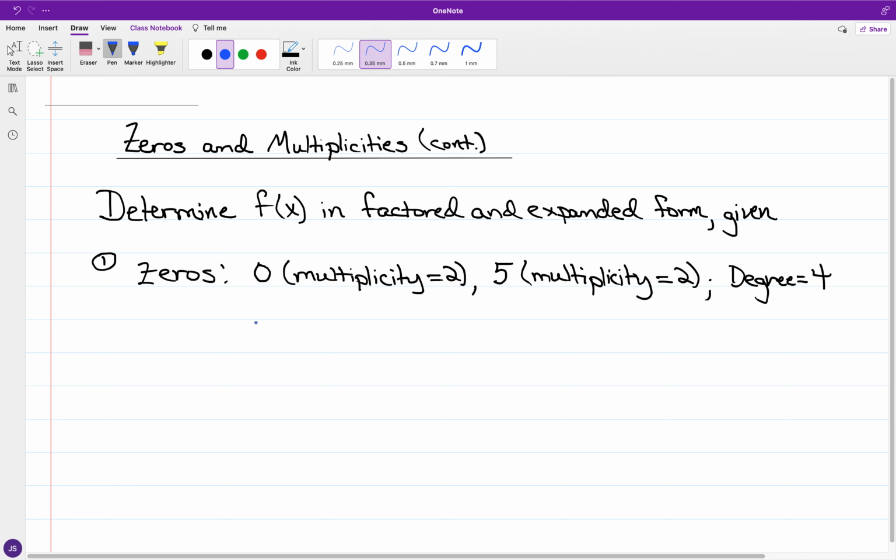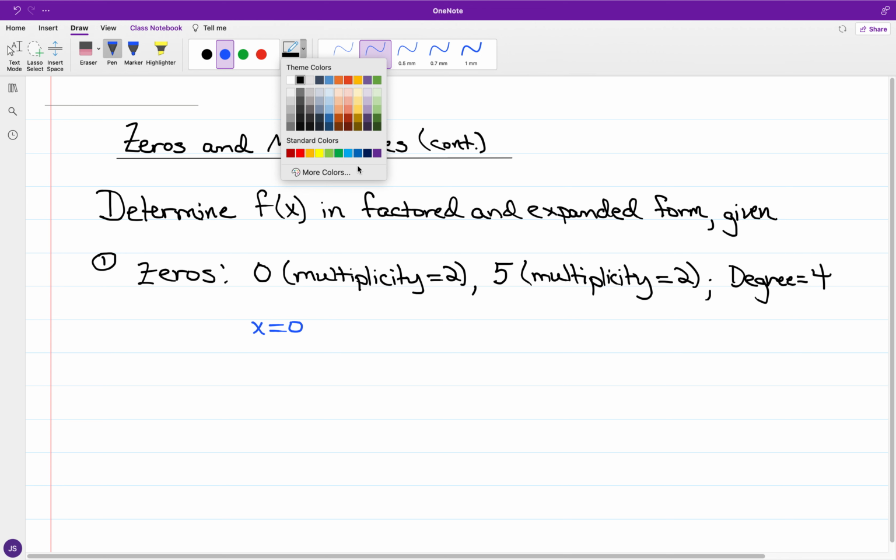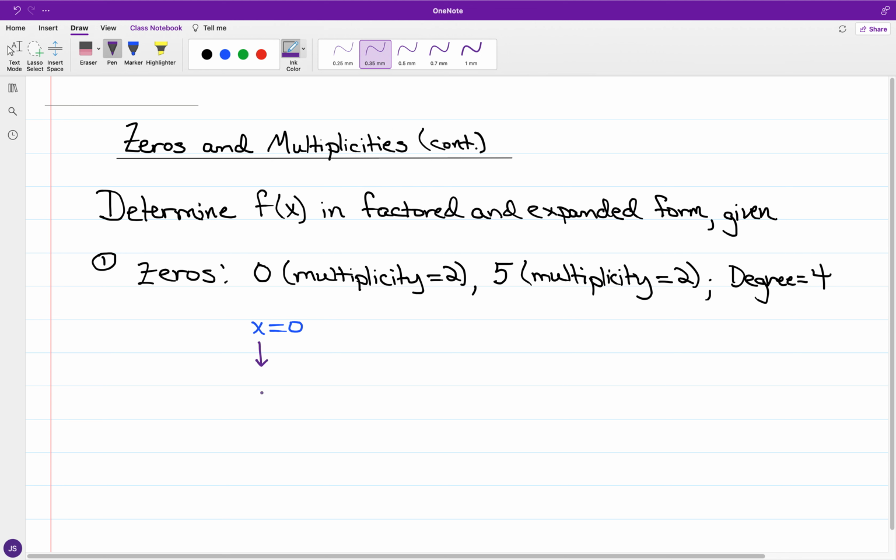We can say that 0 can stem from x equal to 0. So the factor of concern is going to be x or any direct multiple of this. From 0 we have an x factor, and 0 has a multiplicity of 2.